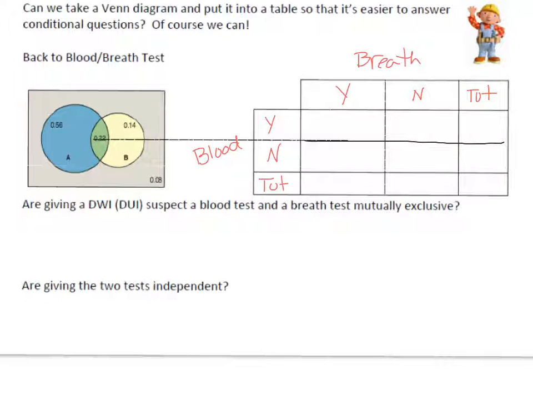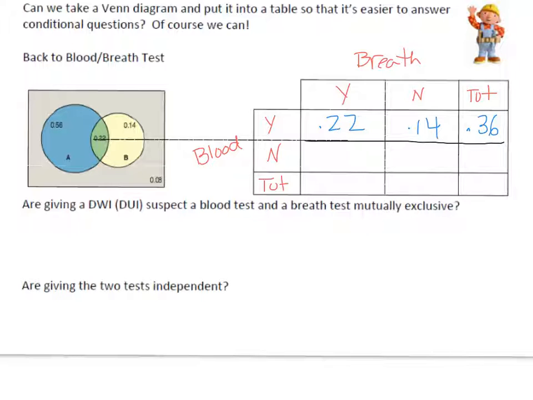So I'm going to fill in the first line, and the first line is for those people that had both a breath and a blood test, so yes and yes, and that's our intersection of 0.22. The next cell over is those people who had a blood but didn't have a breath, and that would be 0.14 for a total of 0.36.